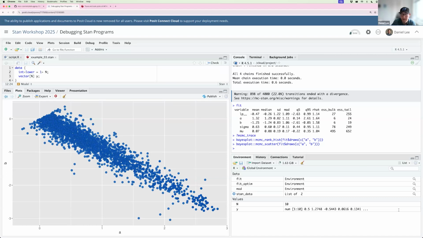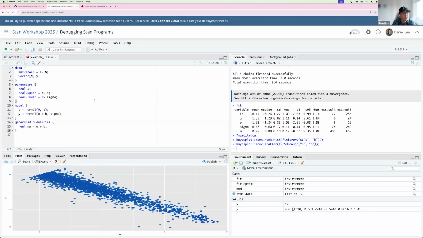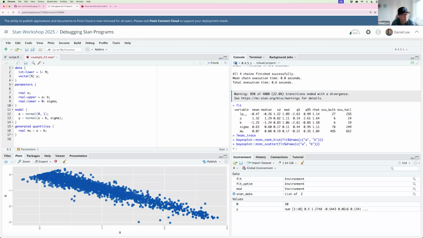Yeah, Robert, it's a cool trick. There's actually a more natural way. I should have brought this up earlier. It's ordered. So C1 is normal 0, 1. And then just so that we're on the same page, real A equals C1, real B equals C2.